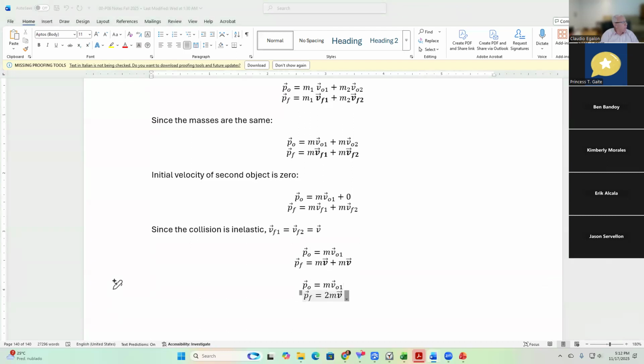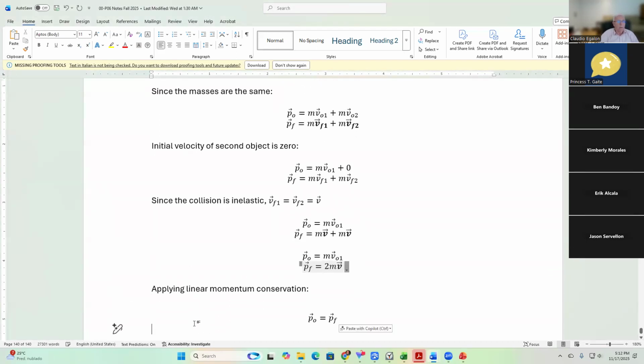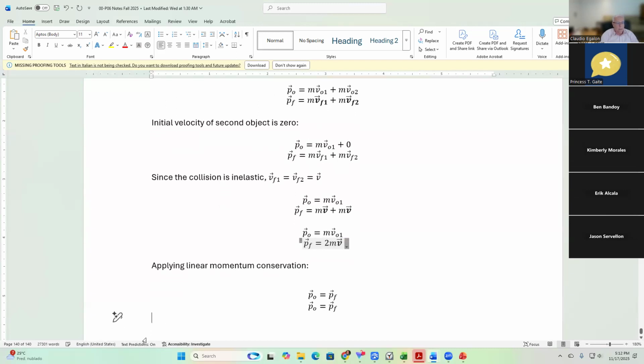We are going to apply the linear momentum conservation. Okay, applying that: m v01 equals 2m v.